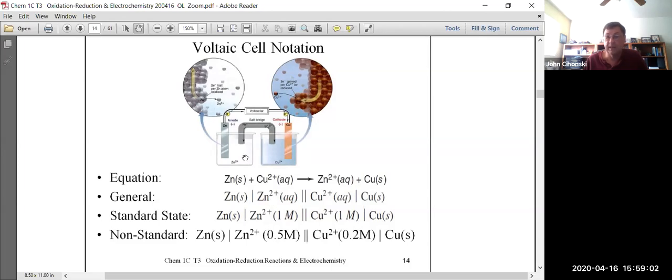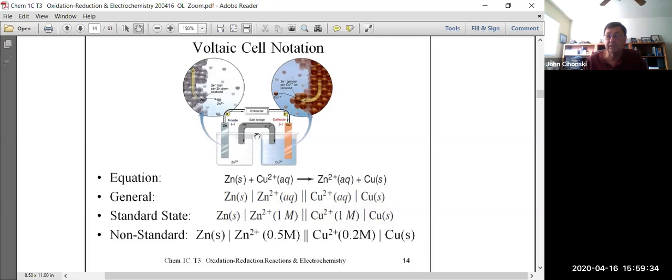And that's what we have. Now, to go to the right side, we have what? A copper solution, okay, and in with the copper solution is a copper bar or electrode. So we have another bar here, and we have the copper solid. Now, to separate these two beakers, we put a double line in.